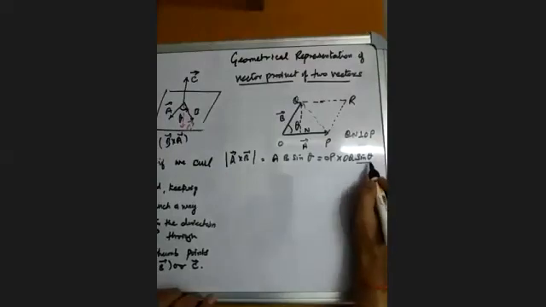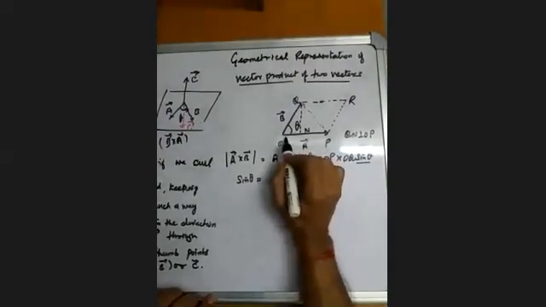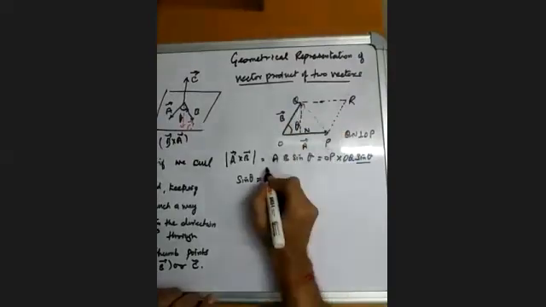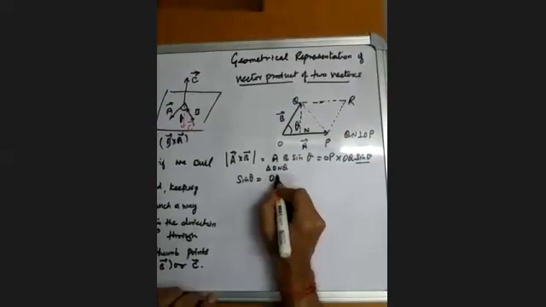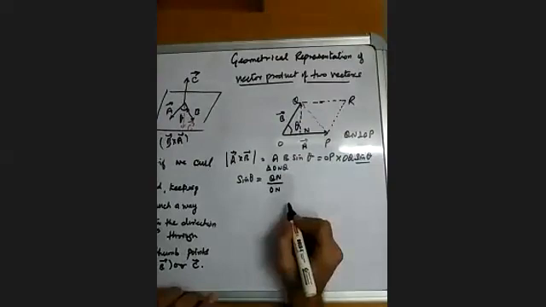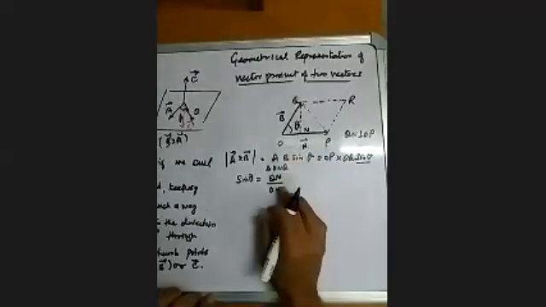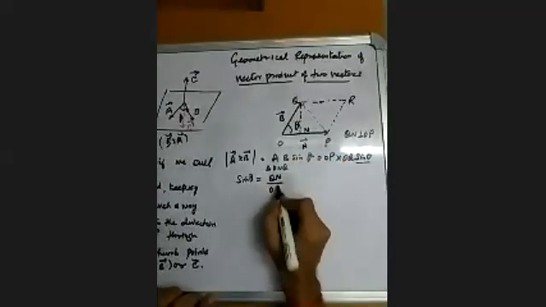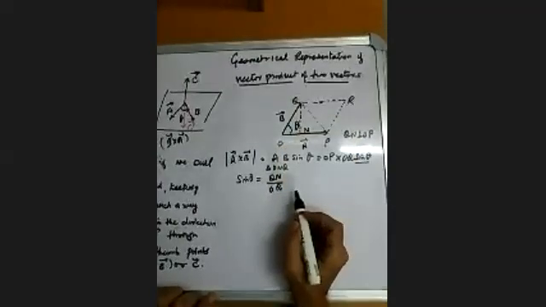Now let us get sine theta. From the triangle ONQ, sine theta is equal to QN divided by OQ.